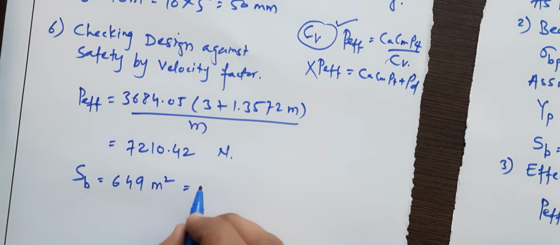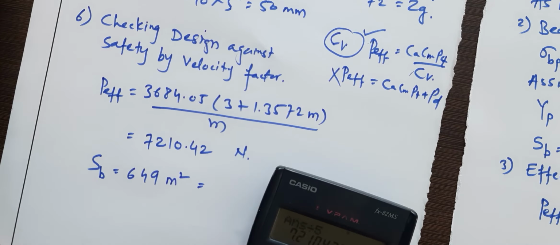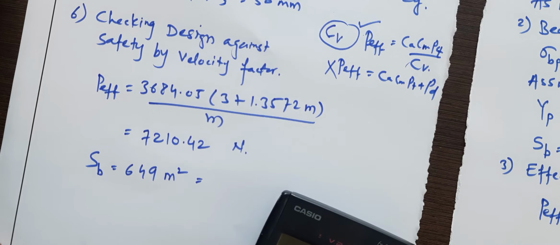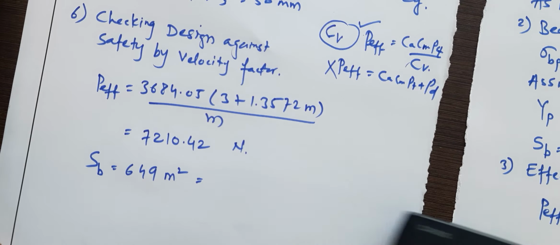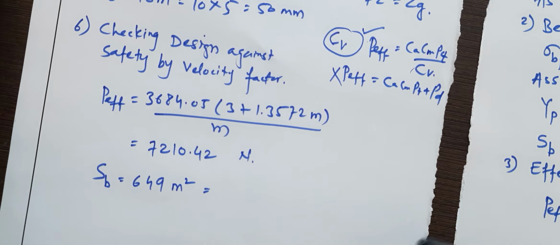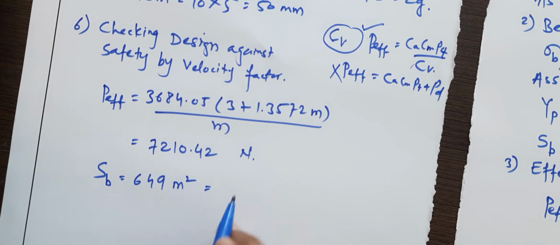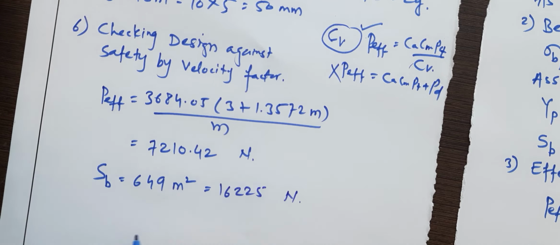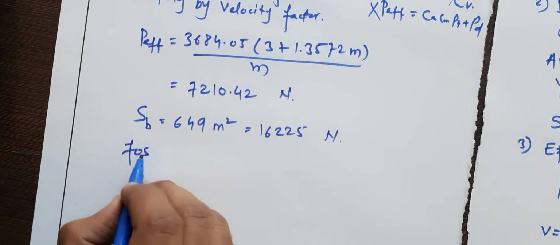If you put the value of module, 649 into 5 square, you will get 16225 Newton. Then you have to calculate the factor of safety.